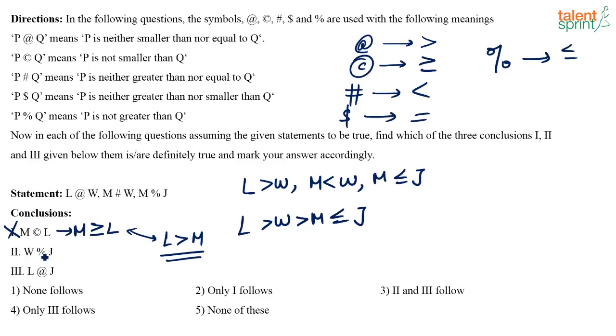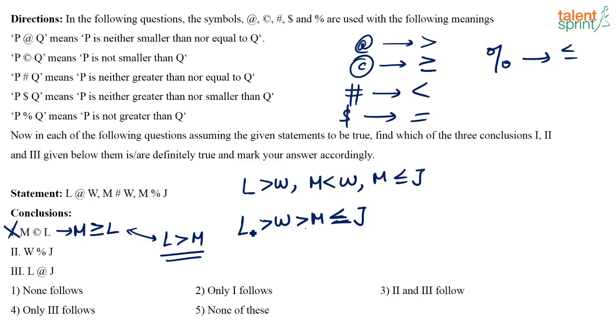Now if you look at conclusion 2 and 3, W percentage J and L at the rate of J. I have to find out a relationship between L and J. With the given information, can I find out the relationship between L and J? Here it is greater, here that is less than or equal to.